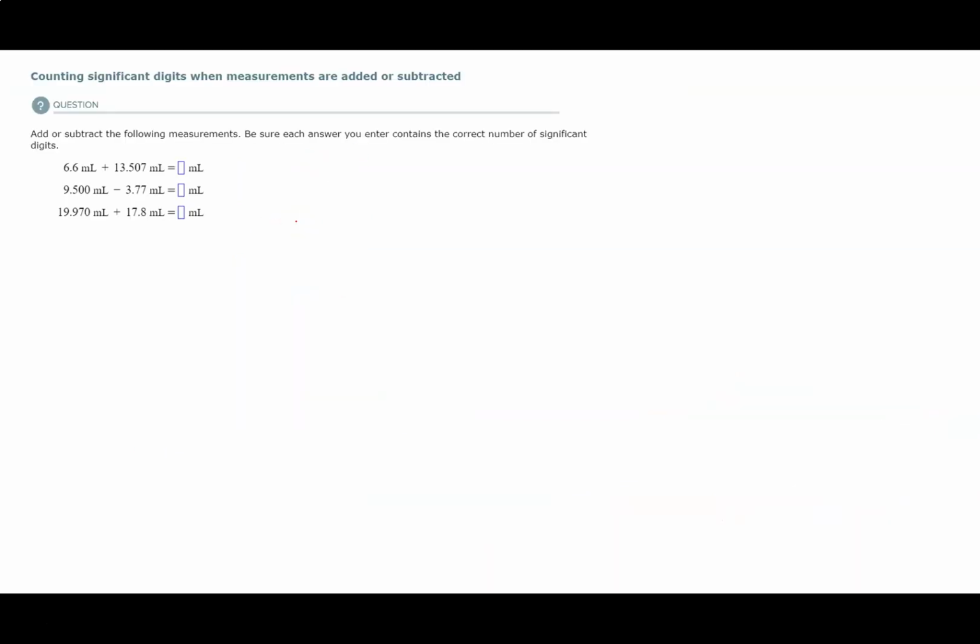All right, let's have a look at some Alex type topics here. So it says add or subtract the following measurements. Be sure each measurement you enter contains the correct number of significant figures. So it tells you that it's about adding or subtracting. So we know that when you add or subtract, it's all about the uncertainty, right? So you got to go through and make note of what the uncertainty is.